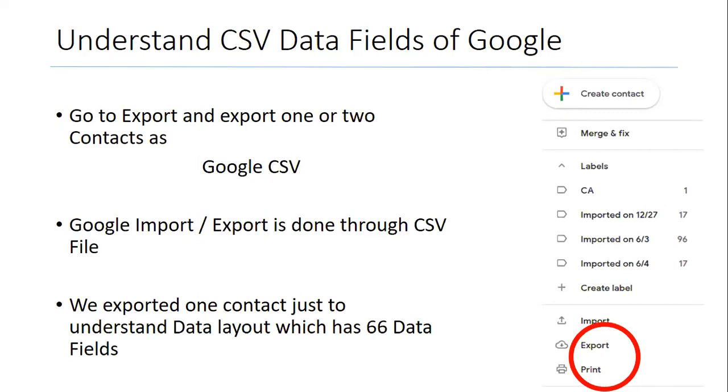When you open that file, you will see that the Google CSV file has 66 data fields. Many of them are too detailed, and mapping your Excel data into that Google format is very difficult. That is why we are selecting only a few fields to be mapped in this exercise.